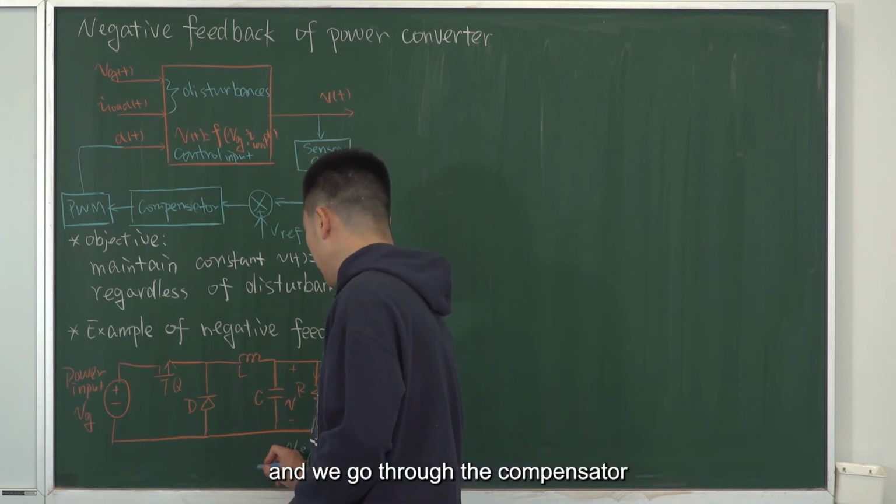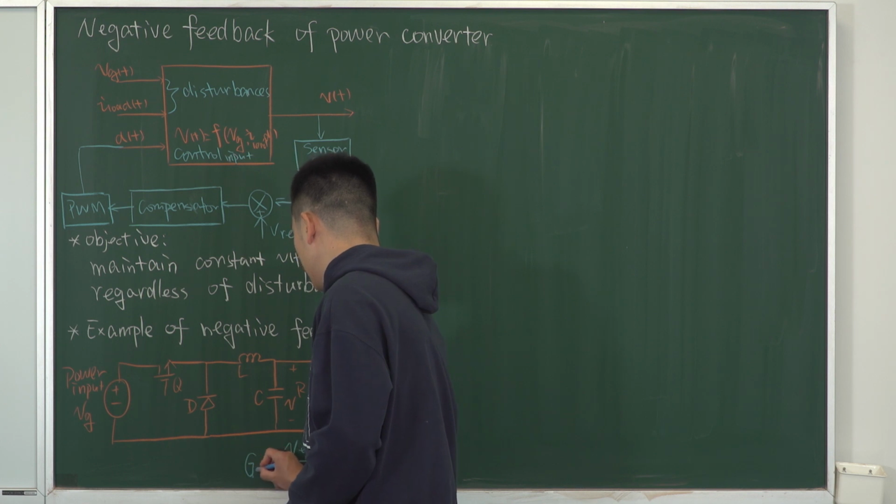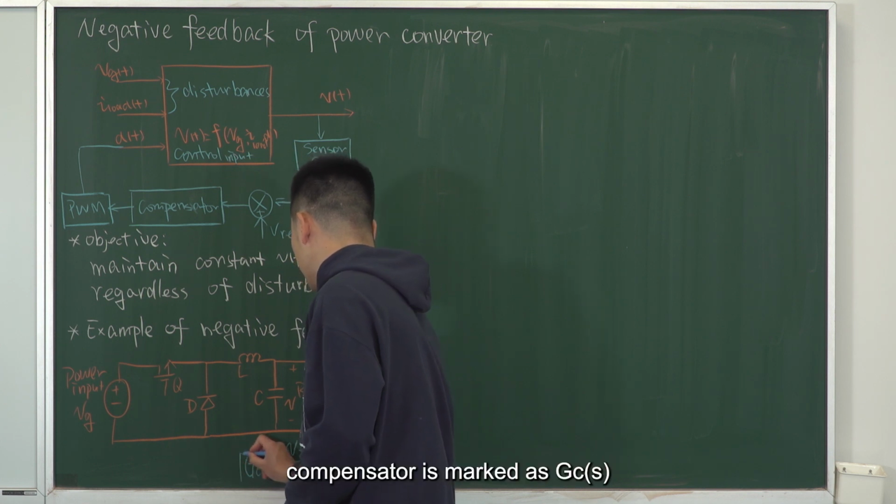And we go through the compensator. Compensator is marked as Gc(s).